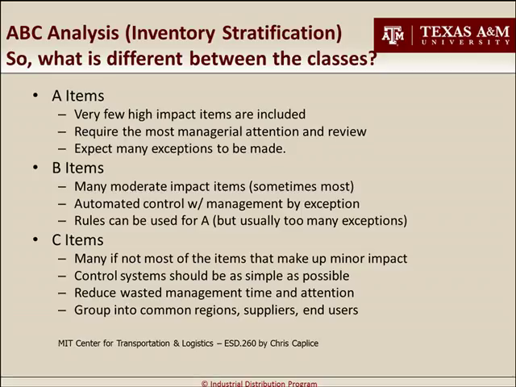Some rules can be used for A items as well, but you need to create too many exceptions in that case, so it's easier to focus on A items in a different way. And C items are basically the largest proportion of items that make a minor impact for your business. You try to automate these items as much as possible to reduce the management time and attention, right?